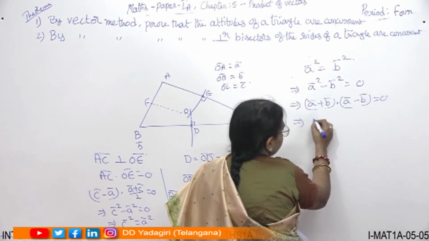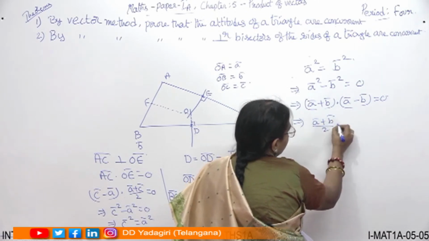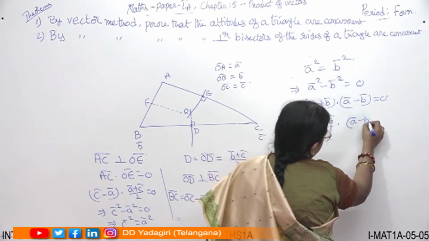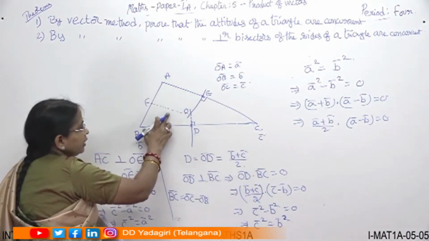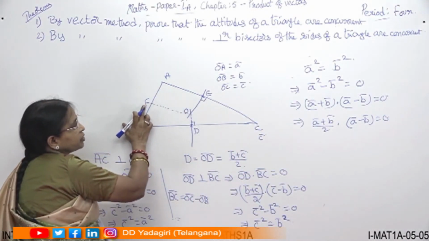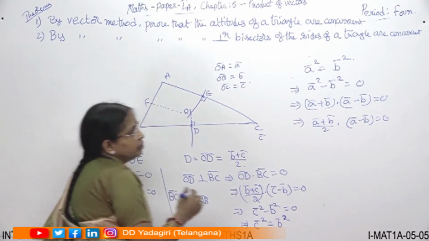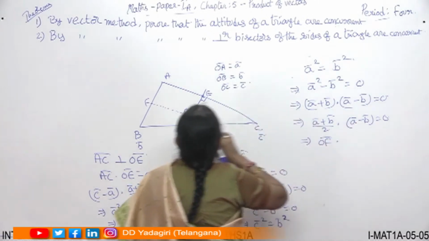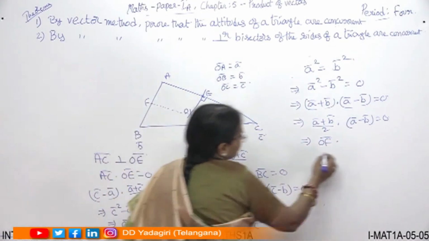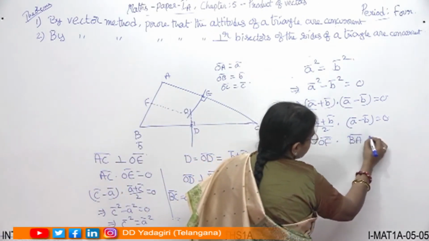Or you can write A plus B by 2 dot A minus B is equal to 0. We are trying to get it in this form so that A plus B by 2 is nothing but the position vector of F, OF. So that means OF dot AB, A minus B means BA vector, is equal to 0.